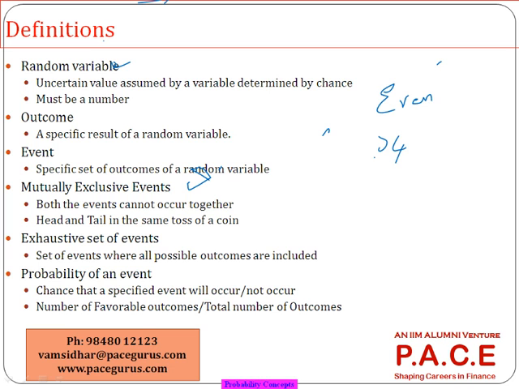And coming to exhaustive, if I combine these two events, it's not the whole space. 1 is not covered in any of them. 3 is not covered in any of them. So all possible outcomes are not covered in the combination of the two events. Then we don't call them exhaustive. Otherwise we call them exhaustive.